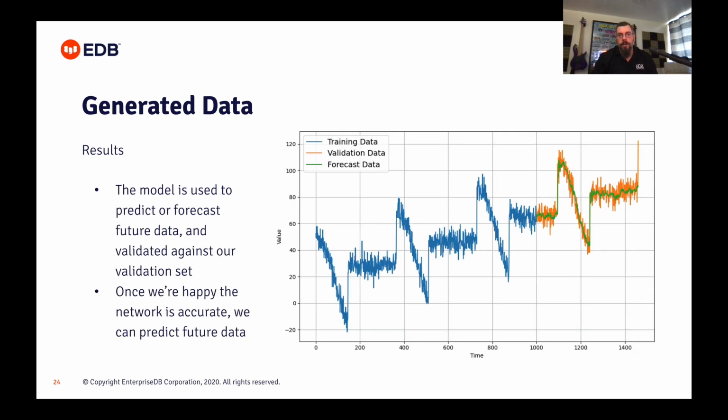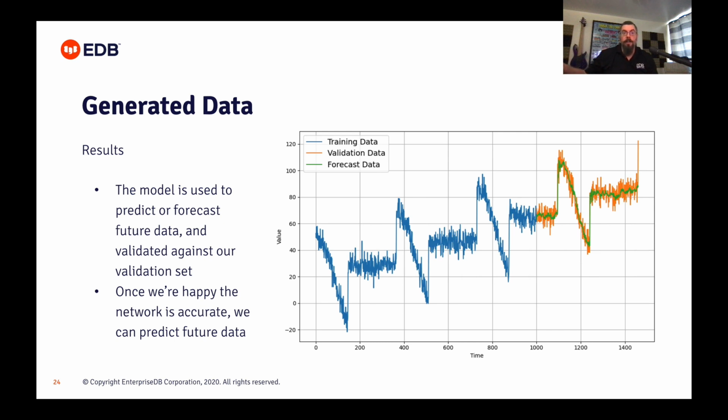Here are the results I saw from training a model and then using it to predict with that data. The blue part of the data is what was used for training the model. The orange part of the data was also generated, and that was the validation set. Having trained the model with the blue samples and then validated using the orange samples, we could then forecast the data that overlays the validation data.